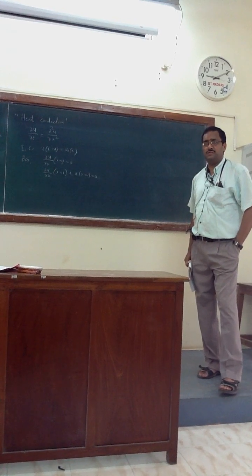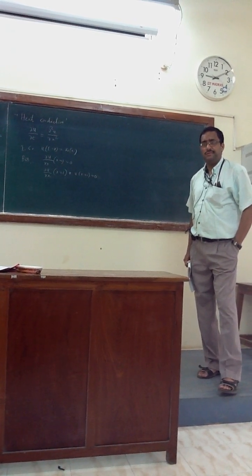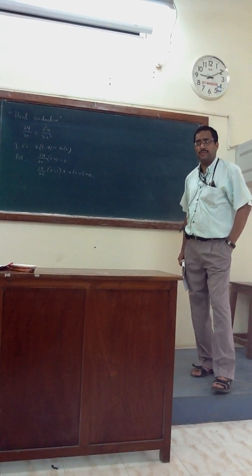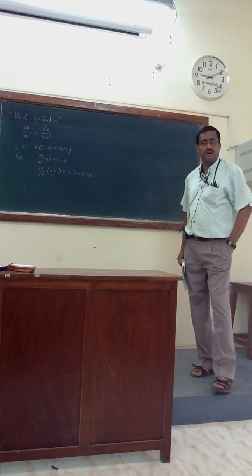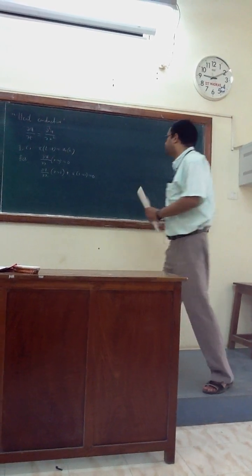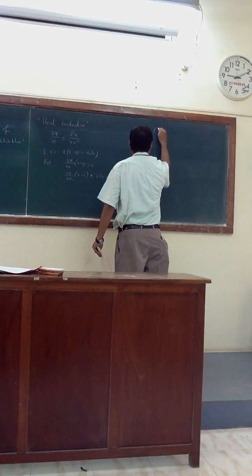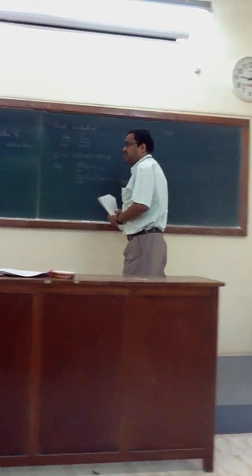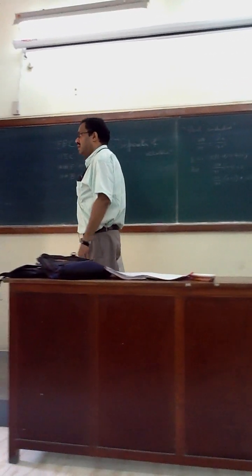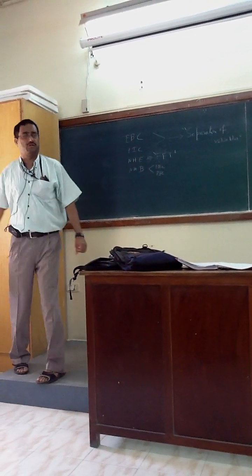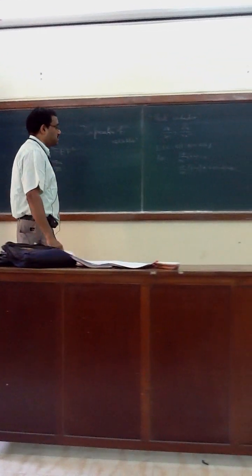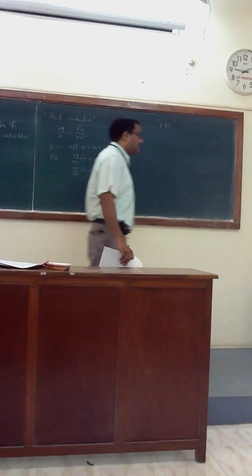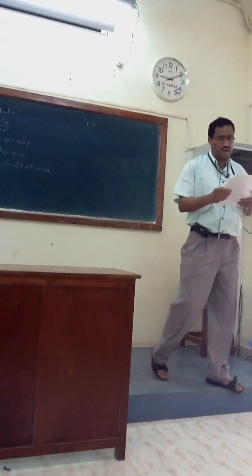What category of the problem? This is an EBCP problem. So it is a parabolic partial differential equation, homogeneous boundary condition, non-homogeneous initial condition. So it is categorized as an EBCP problem.